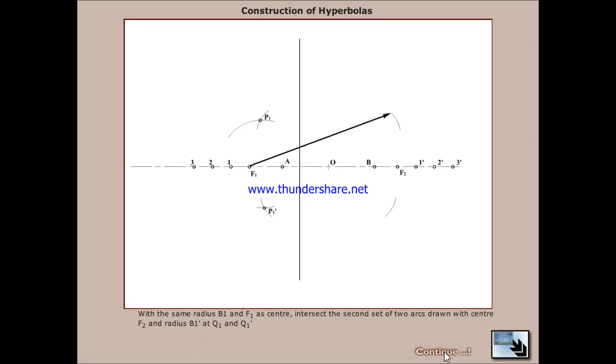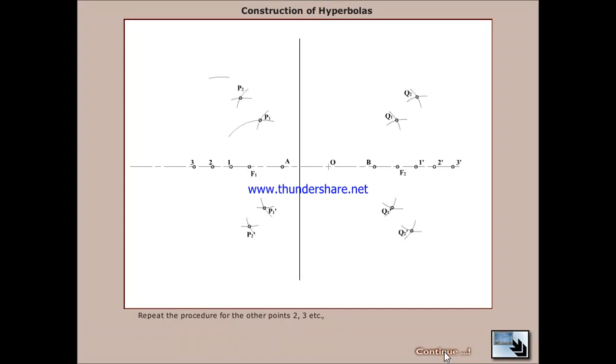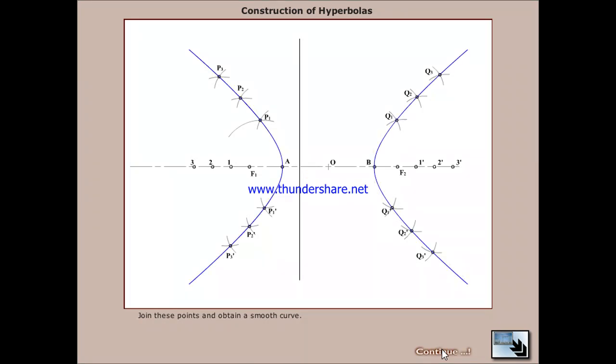With the same radius B1 and F1 as center, intersect the second set of two arcs drawn with center F2 and radius B1 dash at Q1 and Q1 dash. Repeat the procedure for the other points 2, 3, etc. Join these points and obtain a smooth curve.